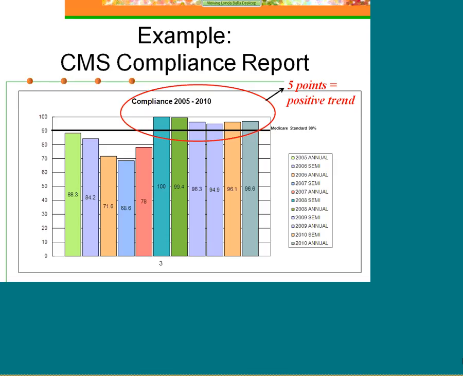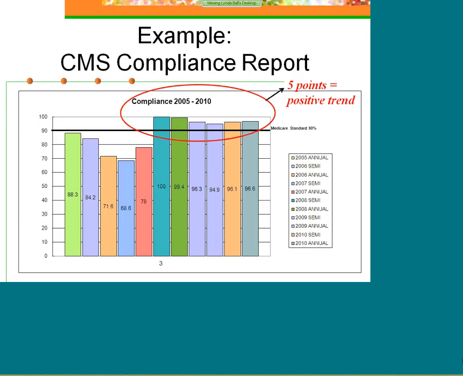Now we look at this one. An individual person was reporting the data to the network and wasn't doing a very good job. Because they had to create an action plan for how they were going to improve their compliance, they took it to heart as a group, and they decided they were going to provide some assistance to this individual.